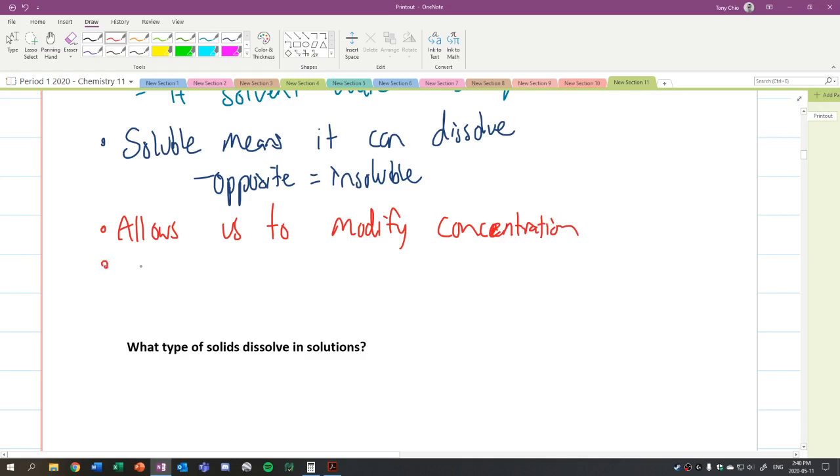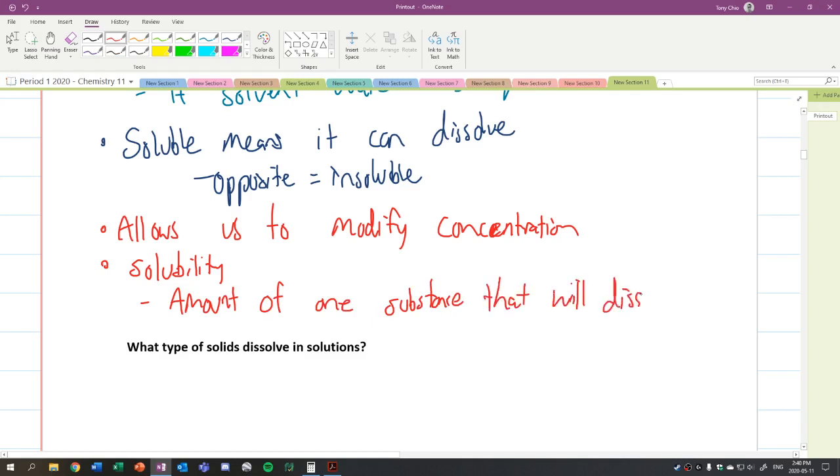Now, what does solubility really mean? Solubility is defined as the amount of one substance that will dissolve in a certain amount of another substance at a specific temperature.